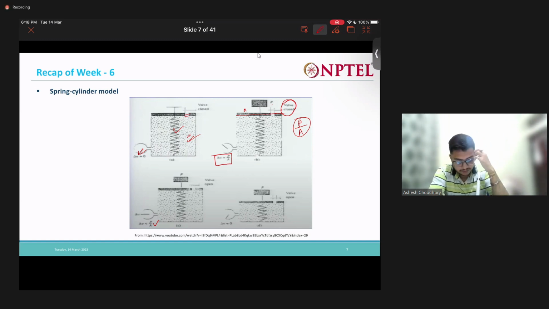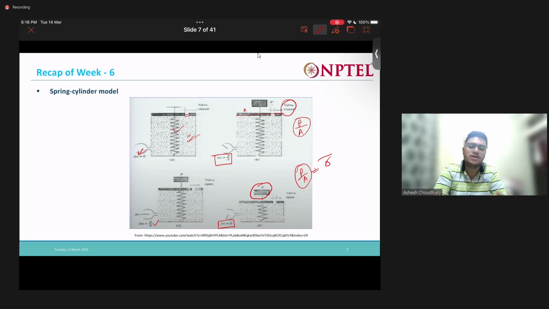What happens as the drainage continues? A stage will come when the excess pore water pressure generated due to this load becomes 0, due to the drainage of the water. Then this total stress is taken by my soil grains, which is the effective stress.